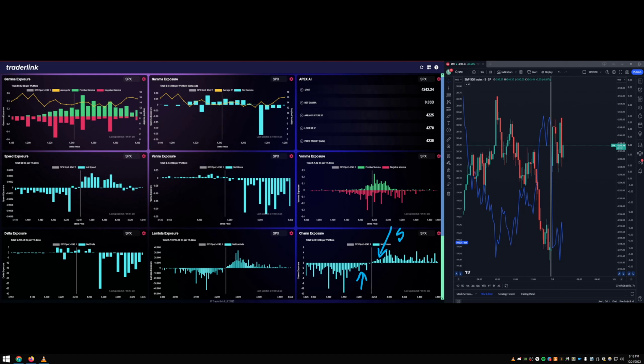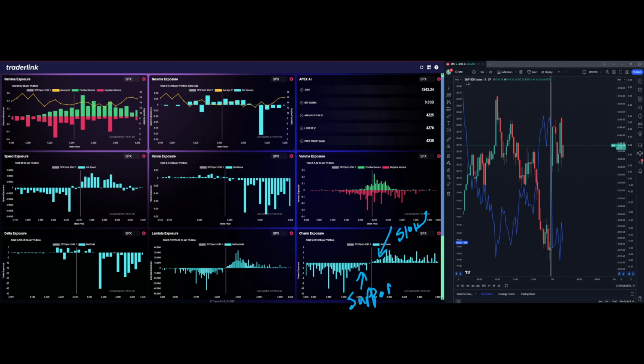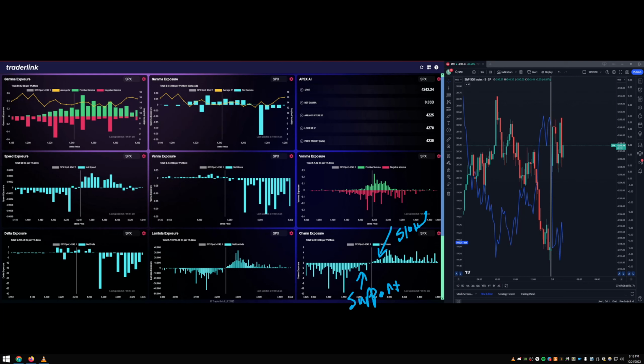So we're going to slow when we hit this, and then this is also going to act as support. So it's almost just like the range for the day, right? That's actually kind of the range we stayed in.